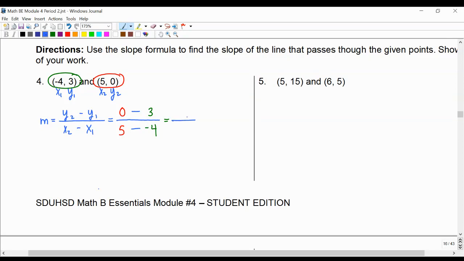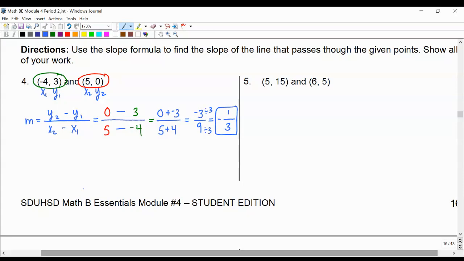And now I'm going to do my sign change, which is 0, leave, change, 0 plus -3 over 5 plus 4. And my last step is I'm just going to add these up and simplify. The top becomes -3 and the bottom is 9. And I'm going to simplify one more step. This negative can just show up in the front, and this fraction is divisible by 3. So we have -1/3 as the slope.